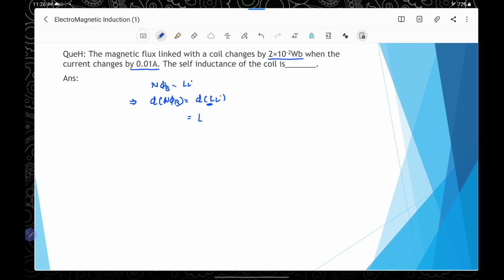Therefore, it is a constant. So we take it out of the differential and it is L dI. Substituting the values, the change in flux is 2 into 10 to the power minus 2, and it will be equal to L into dI, the change in current, which is 0.01. So L is equal to 2 into 10 to the power minus 2 by 0.01, or 2 into 10 to the power minus 2 by 10 to the power minus 2, or we can say it is 2 henry.